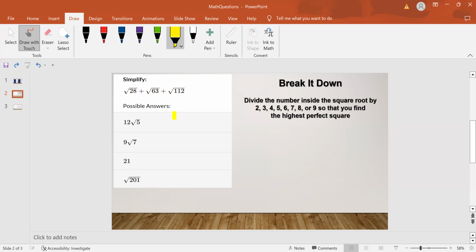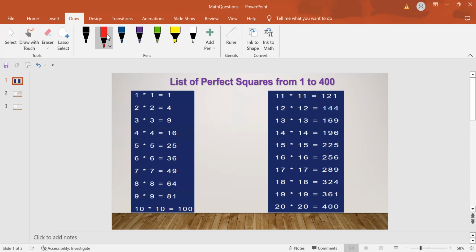If we take square root of 28, the thing is this, 28 is not a perfect square. If we go here, there is no perfect square as 28. Perfect squares are these numbers here: 1, 4, 9, 16, 25, 36, 49, 64, 81, 100, 121, 144, 169, 196, until 400.